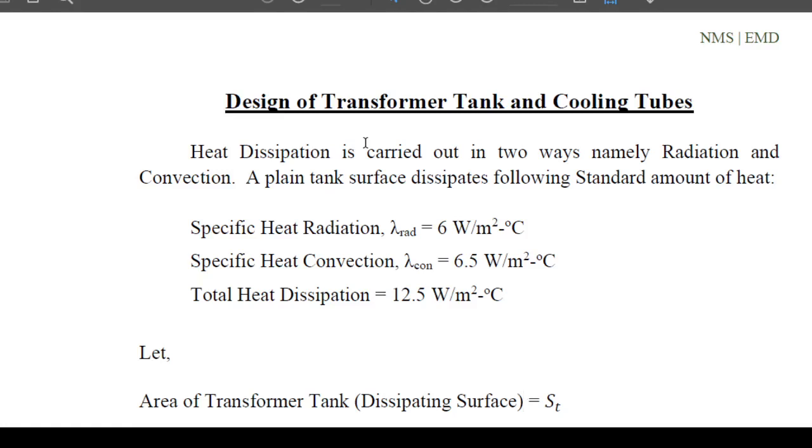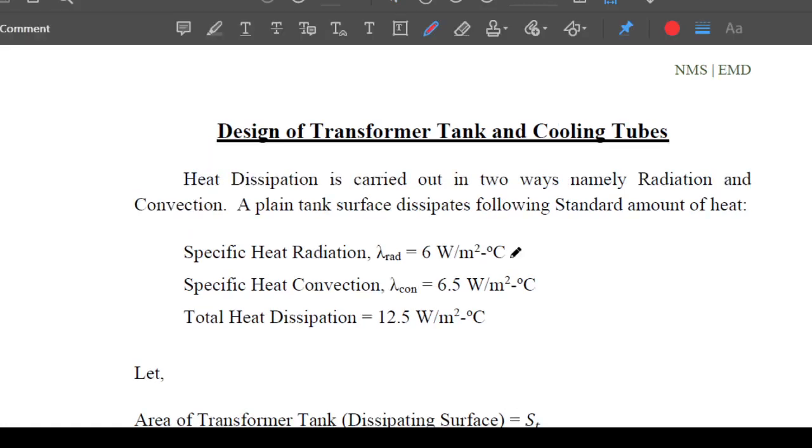So let us start the derivation by assuming some standard values. We know that the heat dissipation is carried out in two ways, namely radiation and convection alone. Suppose I assume a plain tank surface. A plain tank surface will have a standard value of radiation. You know what specific heat radiation is? It is a reference value.